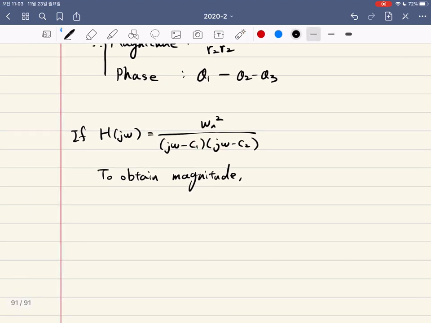Therefore, the magnitude can be expressed by this vertical line. This is omega n squared, so you don't have a parameter here, right? H is a function of omega. This omega n is just a constant, and this should be divided by the magnitude of the first term and the magnitude of the second term.